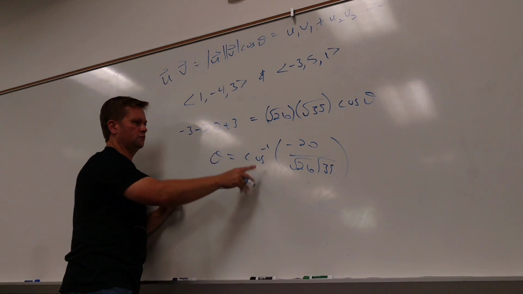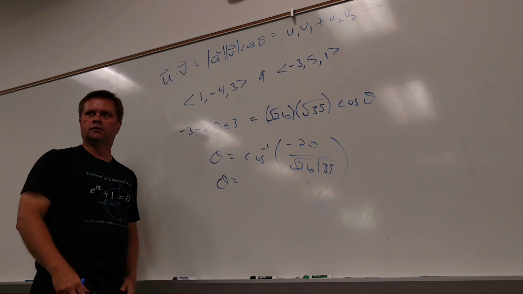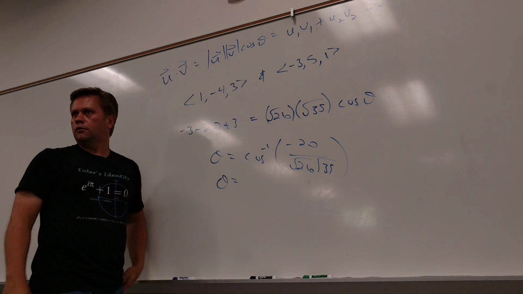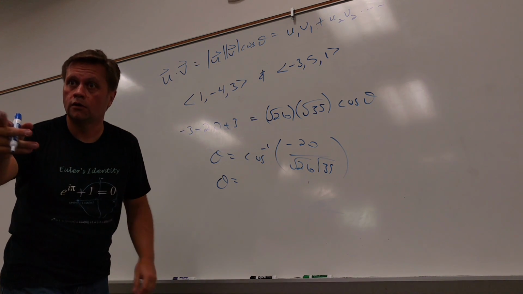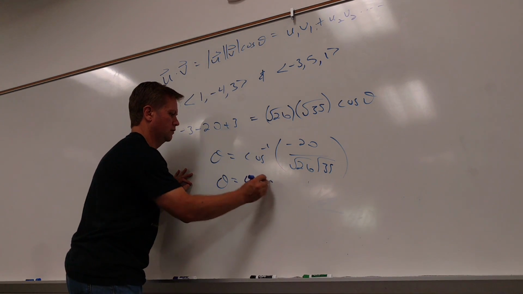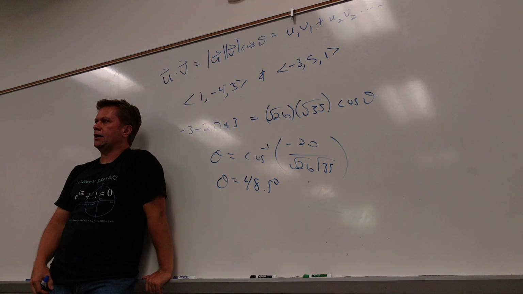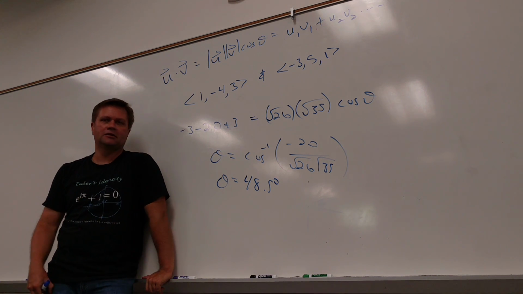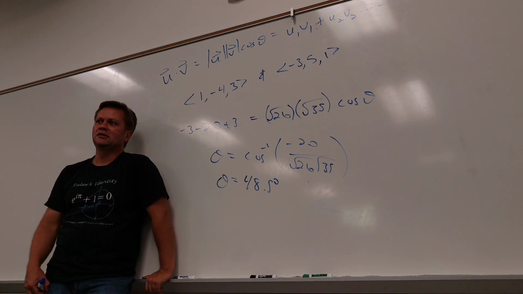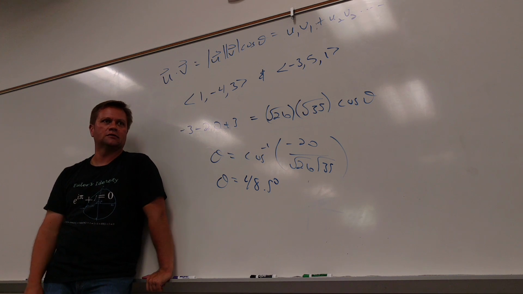Somebody got this, what do you got? Radians, degrees? 48.5 degrees. So like 0.75 radians. No, it's not right.